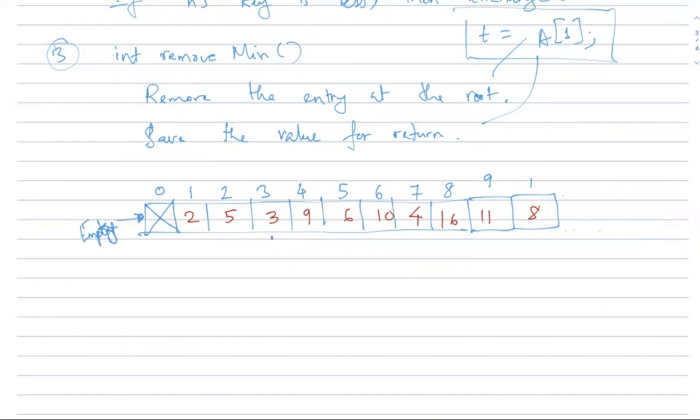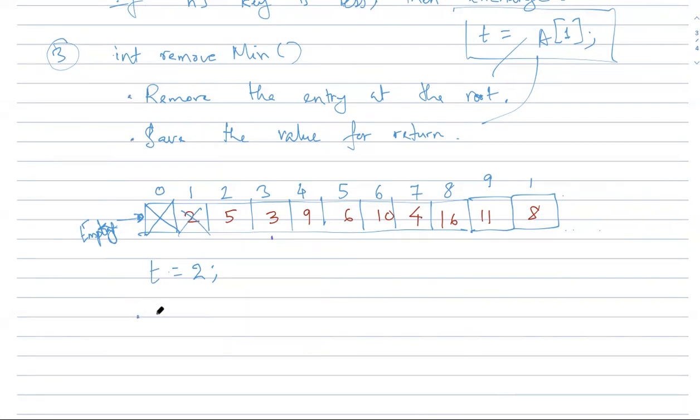Removal would essentially mean you literally take this a of 1, which is t equal to 2, and you remove it, which means that now there is a hole that is created here.